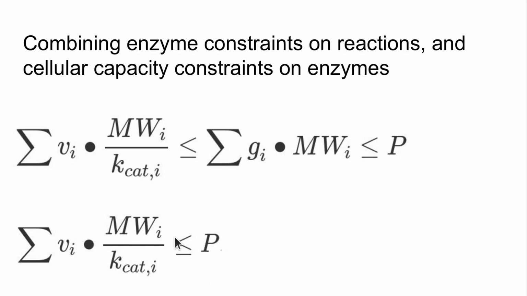And this here is essentially a linear constraint, right? So we could represent this by a row in our A matrix, where each column entry in that row is this MWi divided by kcat i, and this has to be less than P. So this would just add a new entry at the bottom of our b vector, while this would just be another row at the bottom of our A matrix.